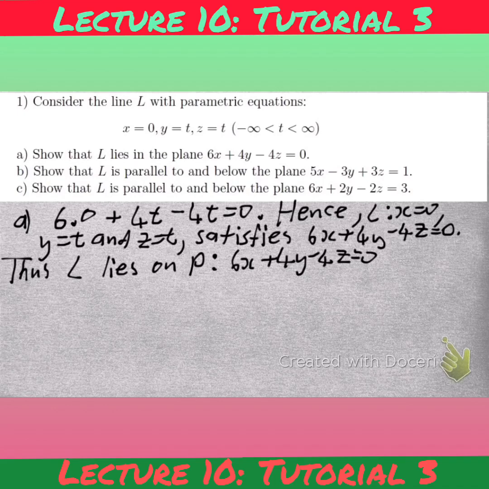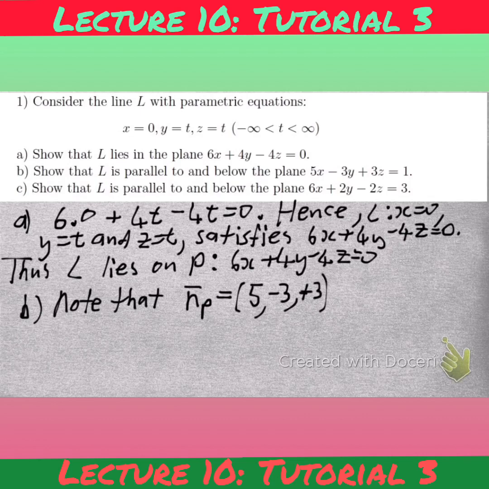Right, so to do the first part, note that the normal vector for the plane P, the normal vector for that particular plane P, we know is (5, -3, 3).